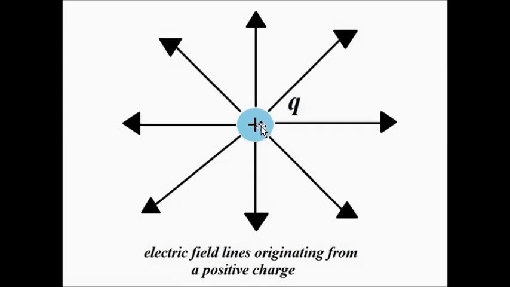Here we have a single positive charge, plus q, and let us look at the number of electric field lines originating from it. We have a plus charge, magnitude q, and the number of field lines originating, let's say, is 1, 2, 3, 4, 5, 6, 7, 8. So the number of field lines originating from a positive charge of magnitude q is 8.